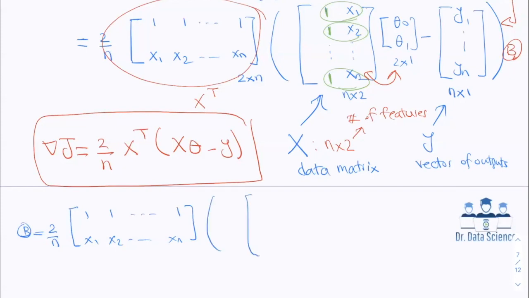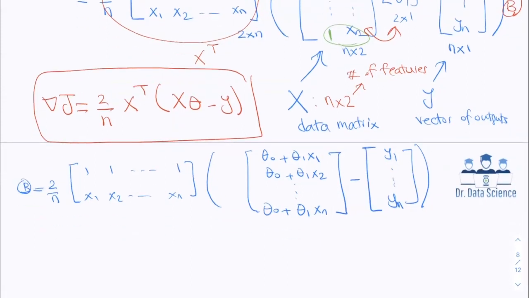And when we do the first matrix multiplication here, we have theta 0 plus theta 1 x1, theta 0 plus theta 1 x2, and theta 0 plus theta 1 xn.